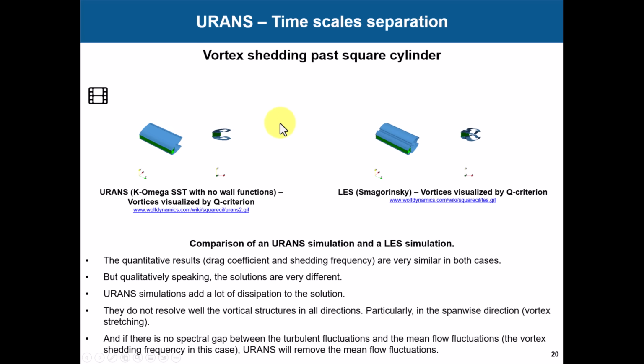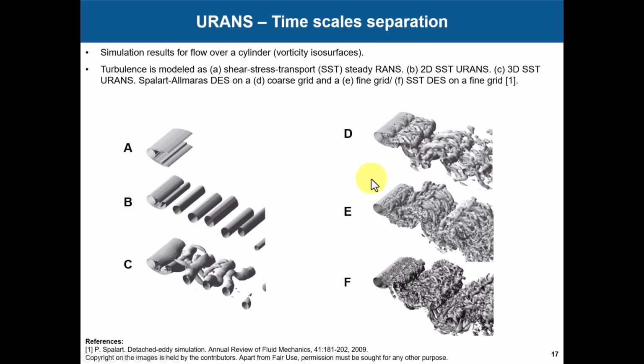So here we look at two cases now, the URANS and the LES case. By the way, just to point out that this is a square cylinder, so triggering this effect here is much easier than triggering that effect here. So we were talking about the flow here remaining attached, and so it's very tricky.